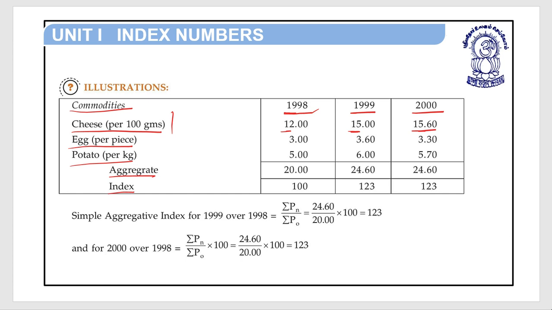Egg per piece is 3 rupees in 1998, 3.60 rupees in 1999, and 3.30 rupees in 2000. Potato is 5 rupees per kg, 6 rupees in 1999, and 5.70 rupees in 2000. So the aggregate is 12 plus 3, 15, 15 plus 5 is 20.